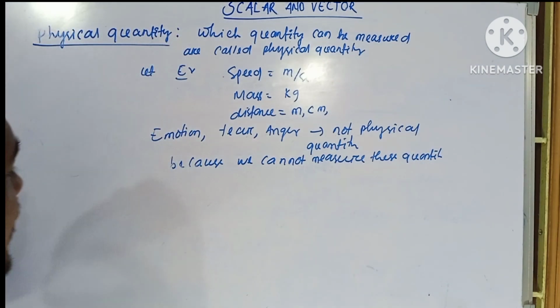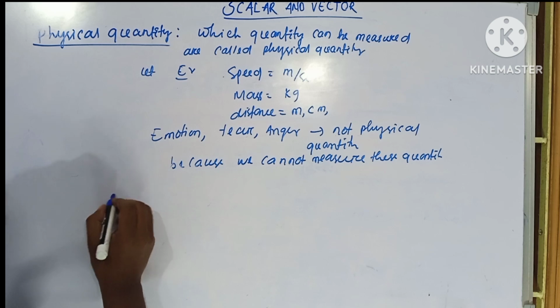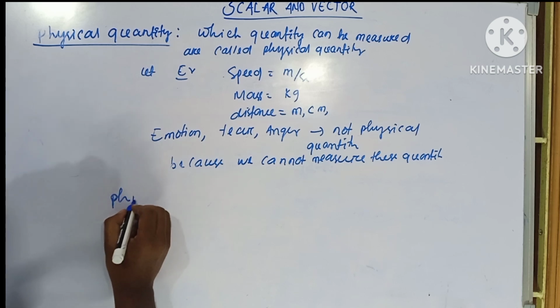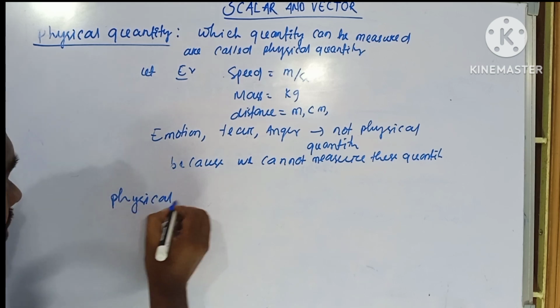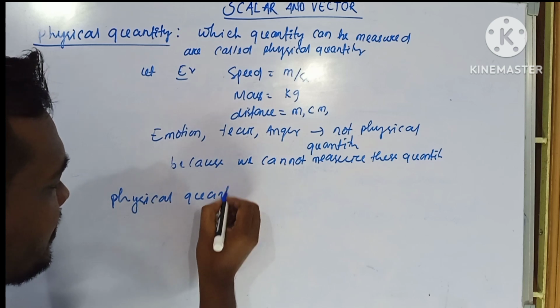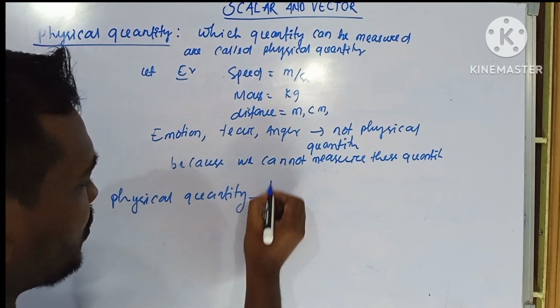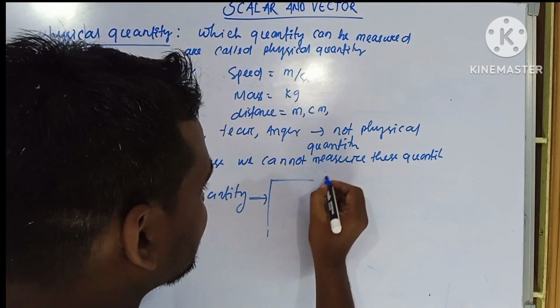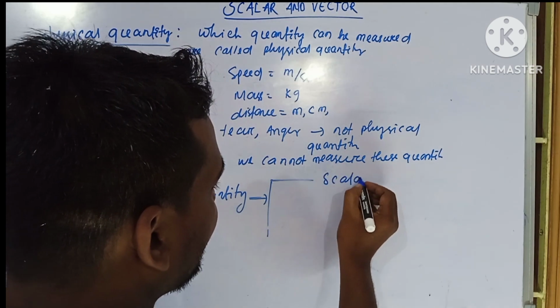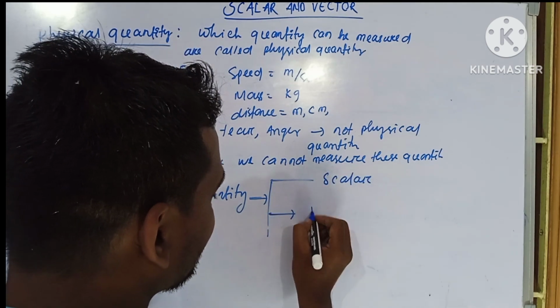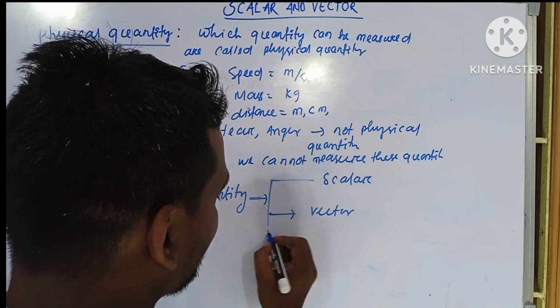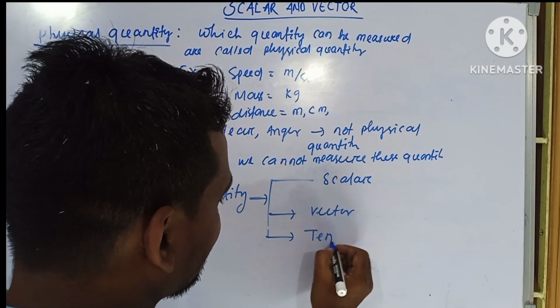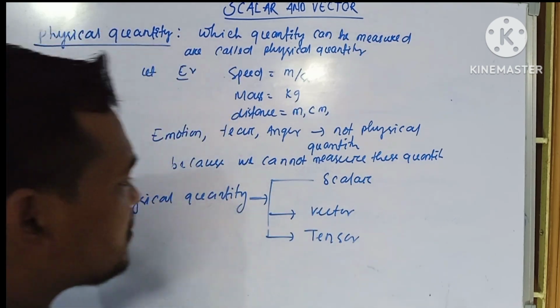Okay, then according to physics, physical quantities are classified into three types: one is the scalar, the second is the vector, and the third is the tensor.